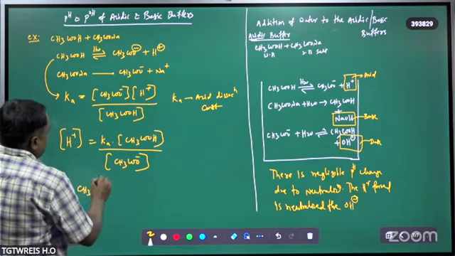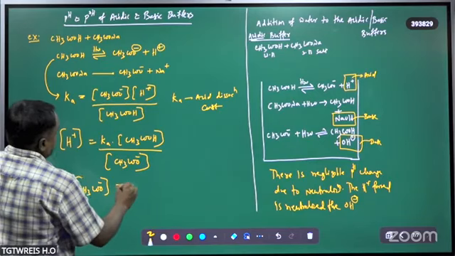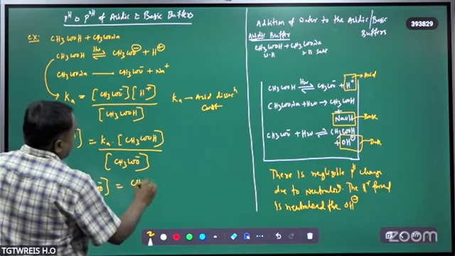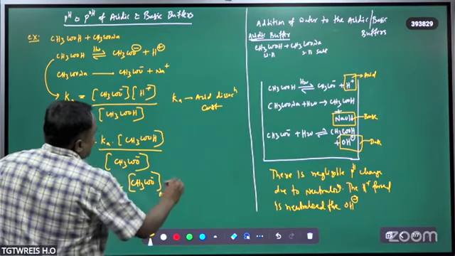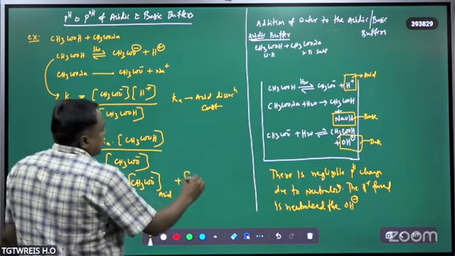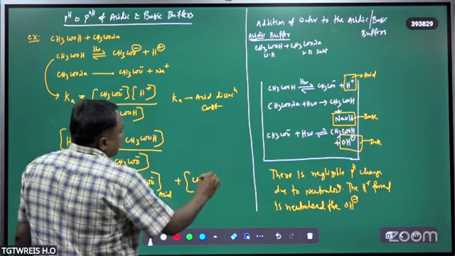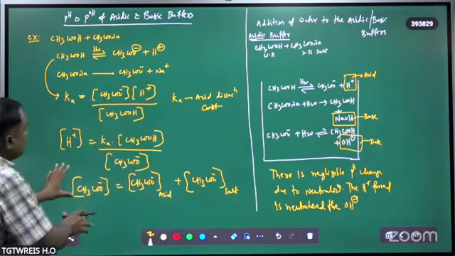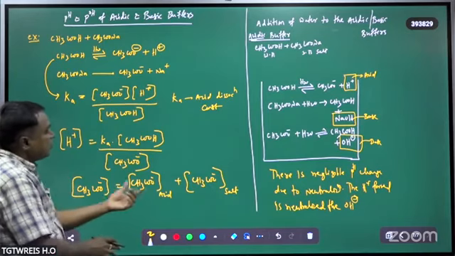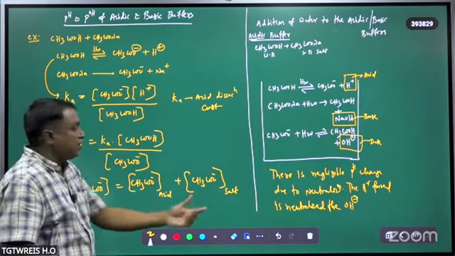Now this CH3COO minus generally comes from the acid, and it also comes from the salt. Generally you get the acetate anion from the acid as well as the salt.